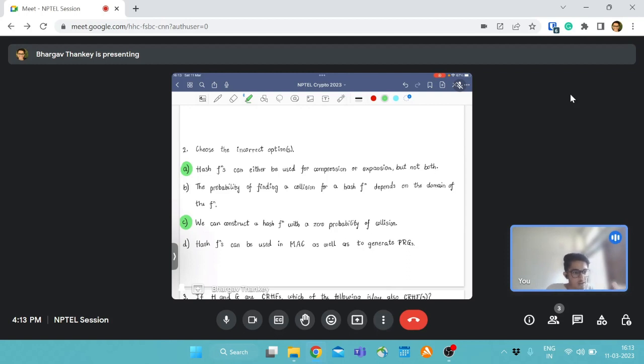In fact, in the random oracle model, a hash function would be a PRG. Now, ideally, an ideal hash function is a hash function that would map an input to a random element from the range, and all hash functions that we construct are supposed to emulate this ideal hash function as closely as possible. So yes, we can use hash functions to generate PRGs. Is this fine?